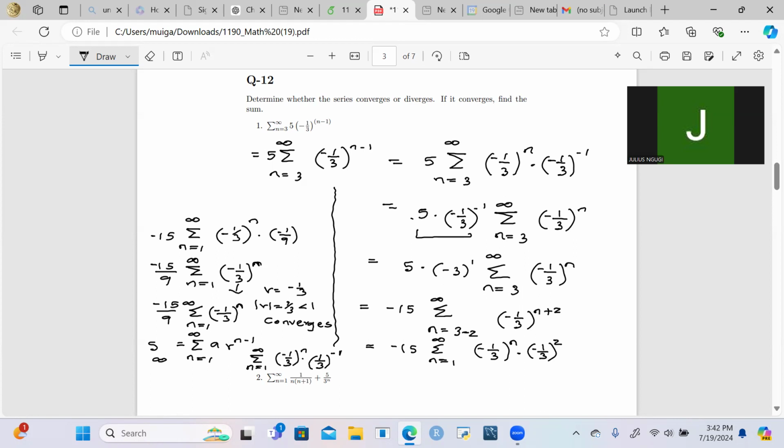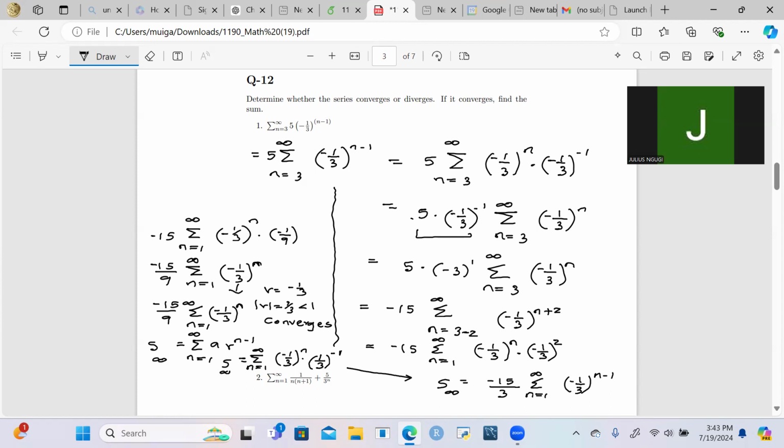So this is now my sum to infinity. Because I'm putting a 3 inside, I'll have minus 15 outside, and then I'll be dividing by 3 because one of the 3s has gone inside, and then I'll have the sum as n starts from 1 to infinity of minus a third to the power n minus 1.